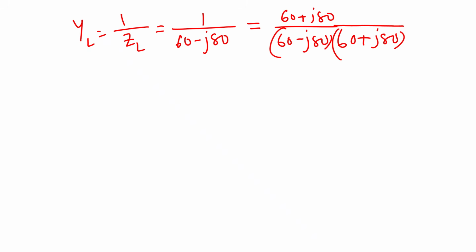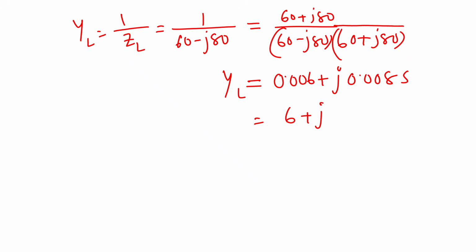In the calculator you can directly calculate 1 by 60 minus j80, whatever is convenient. Finally what we will get is 0.006 plus j0.008 Siemens. So that will be the value of YL, or in other words 6 plus j8 millisiemens. This will be the value of YL, the load admittance.